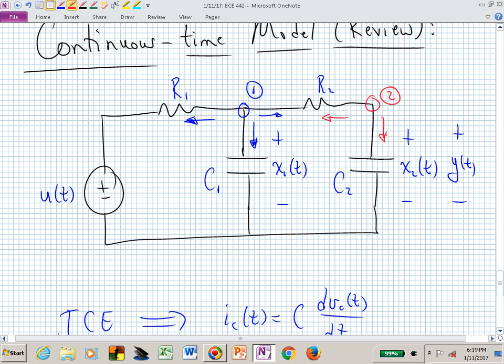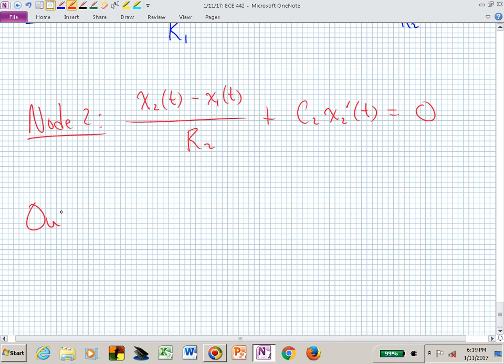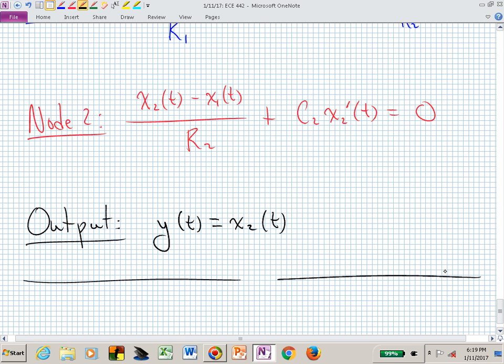But in this case, the output equation is simply y of t is equal to x sub 2. They're exactly the same thing. Those are our governing differential equations.